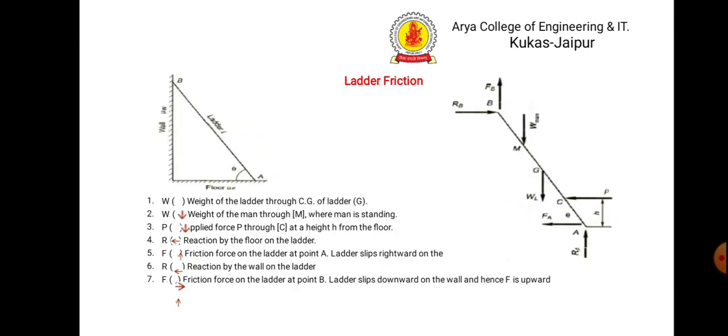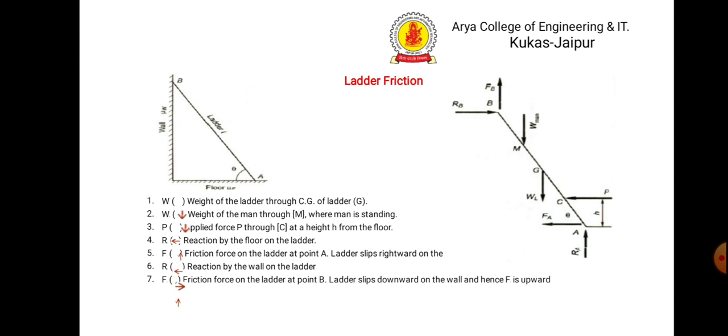Now suppose this is your ladder, with points A, B, G and M. At point G, which is your CG, it is L by 2. So weight WL will act vertically downward through CG.